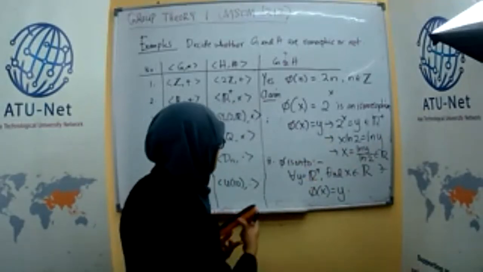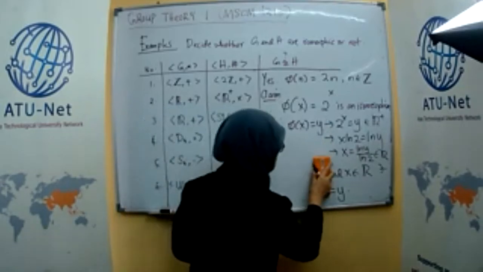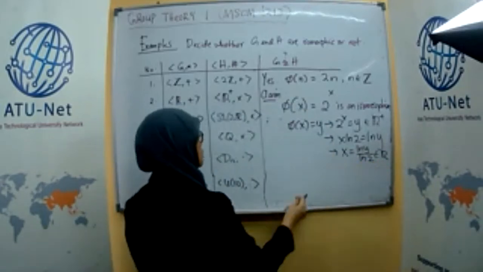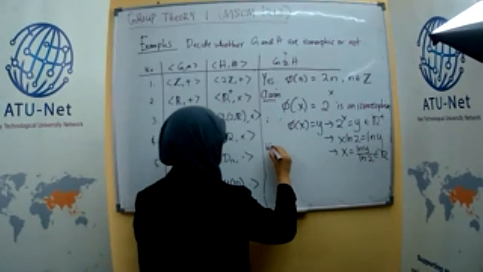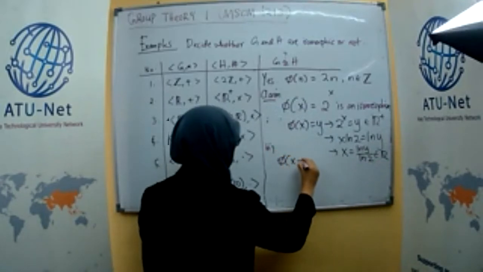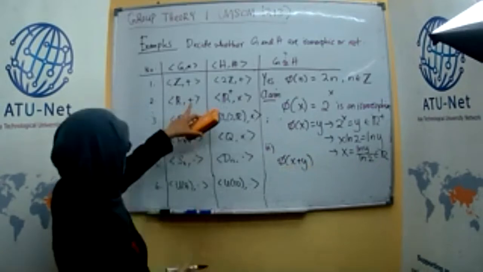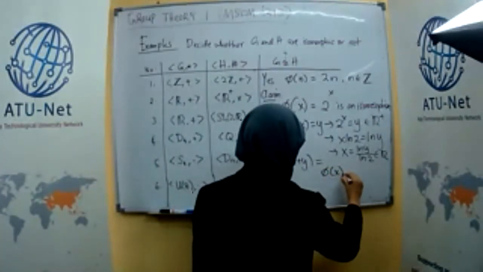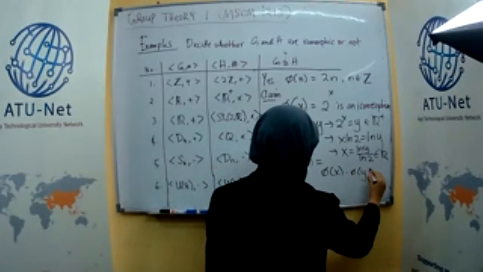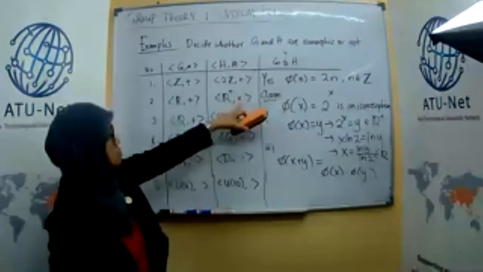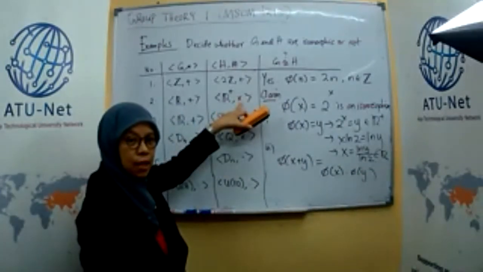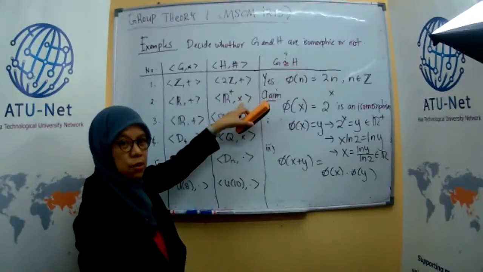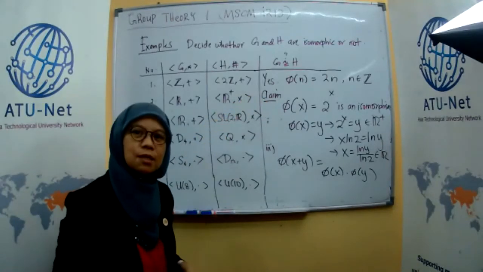Now the third one is to show it preserves operation. Is phi of x plus y equal to phi x times phi y? This is why I chose this question, because I want this to work.